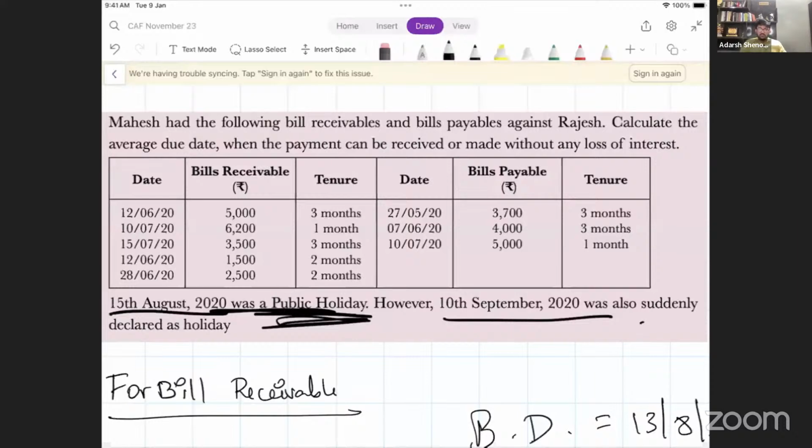There are chances, very rarely, never happens in the exams, but if they miss the holiday, should we make some assumptions?